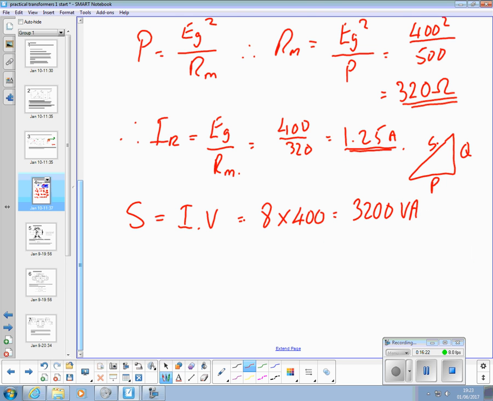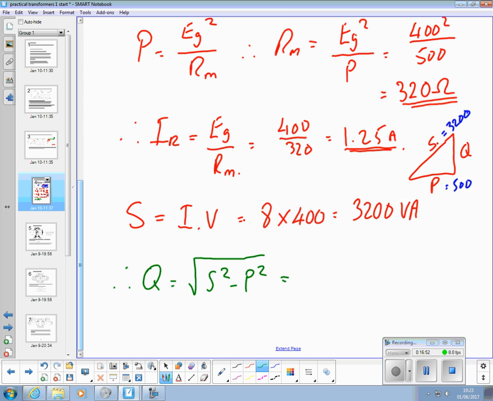So now we've got two sides of this triangle, 3,200 and 500. Therefore, we can quite easily find the reactive power. Therefore, Q is equal to the root of S squared minus P squared.